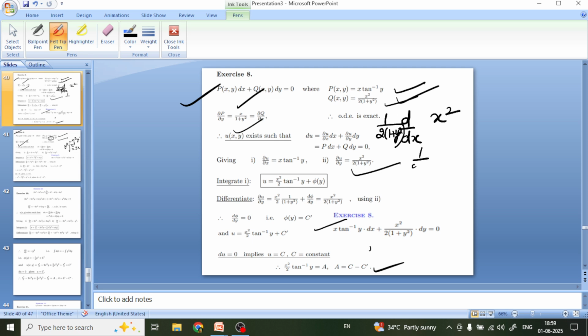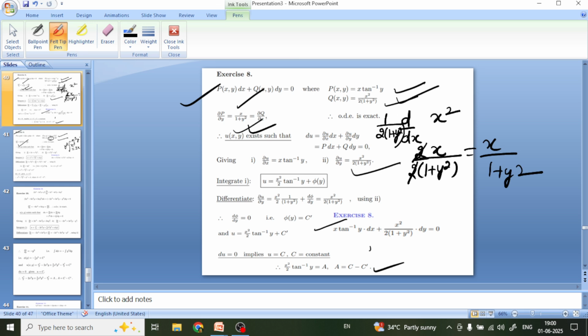And you can see 2 into 1 plus y square and the derivative of x square, that is 2x, 2 cut with 2, and it should be equal to x over 1 plus y square. Okay, now you have to be clear. Yes, I think you have to be clear.